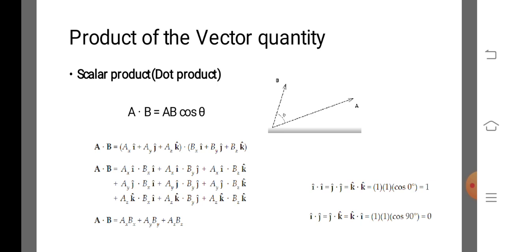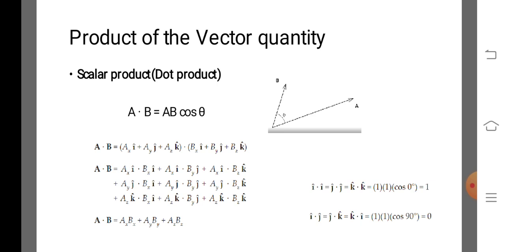In this scalar product, same vectors multiplied, or same vectors dotted, give 1. Different vectors dotted give 0. That means i vector dot i vector equals 1.